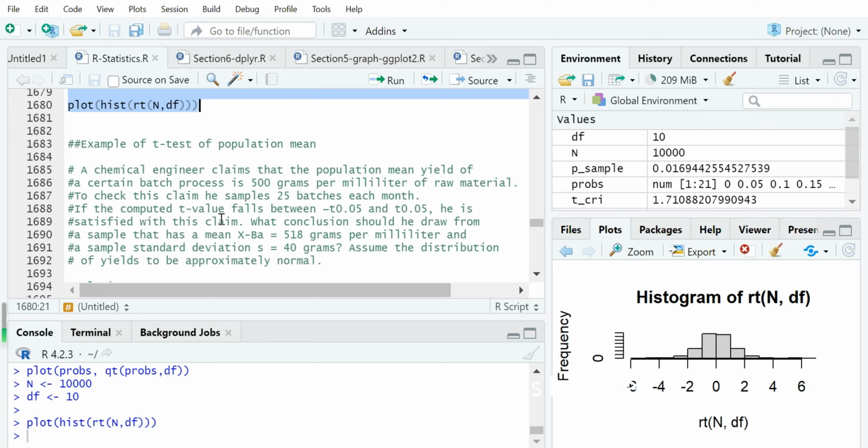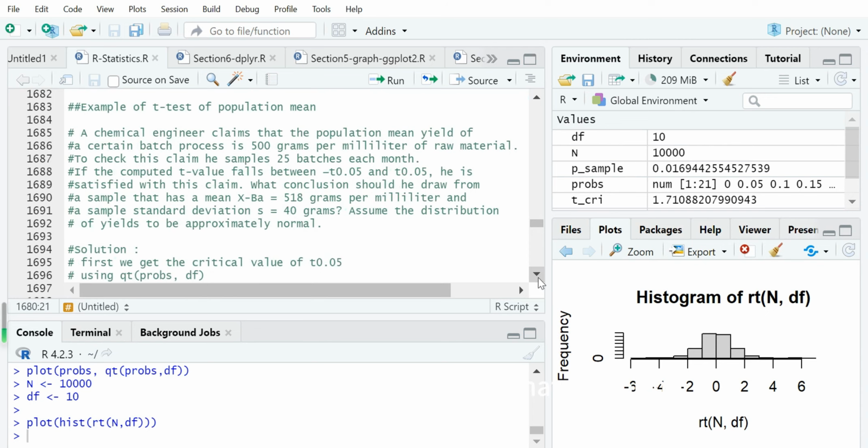If the computed t-value falls between minus t0.05 and t0.05, he is satisfied with this claim. So what conclusion should he draw from a sample that has a mean x bar equals 518 grams per milliliter and a sample standard deviation s equals 40 grams? Assume the distribution of yield to be approximately normal.